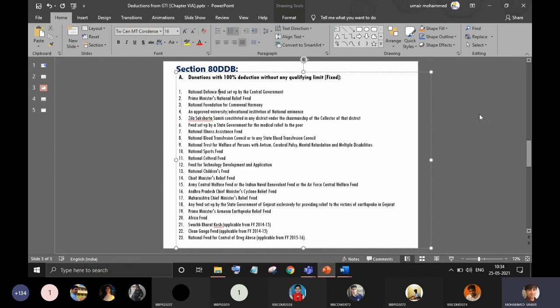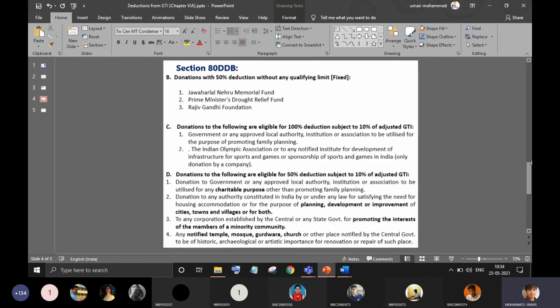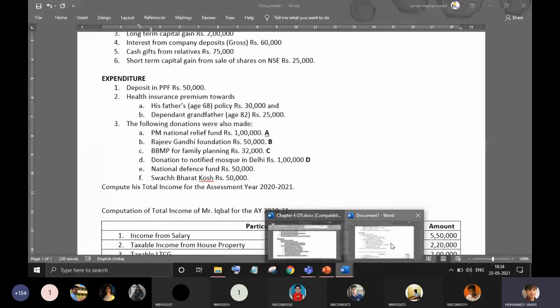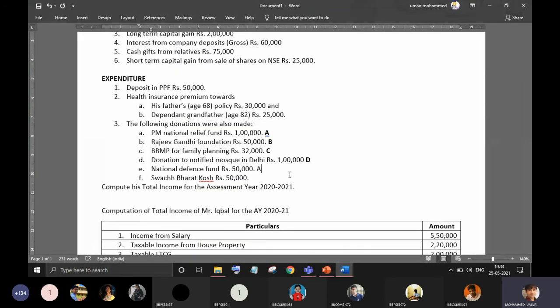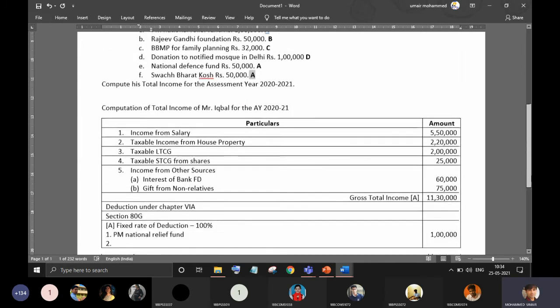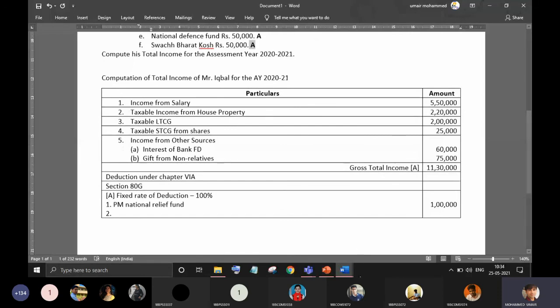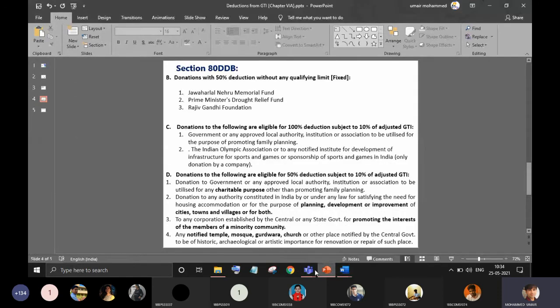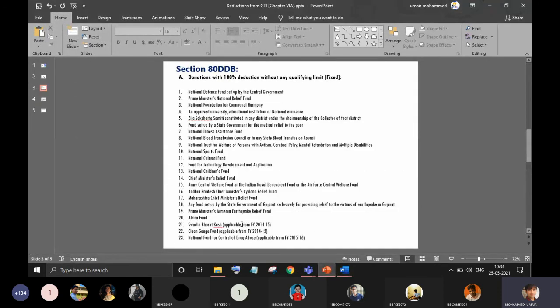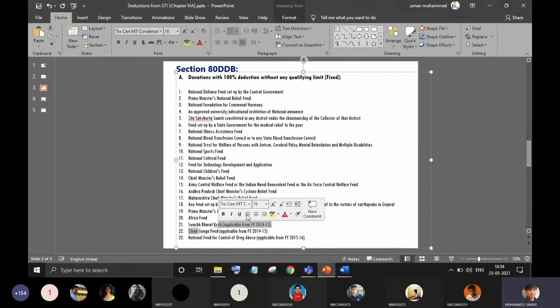Here it is, the first one, National Defense Fund. So it qualifies and comes under list A. And Swachh Bharat Kosh will also come under list A. So whenever you see section 80G, the important task and priority is to classify these donations under various lists.